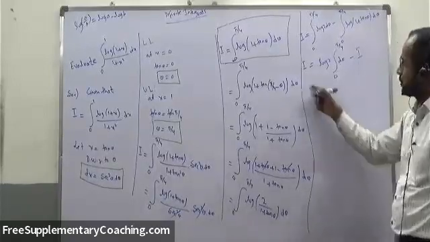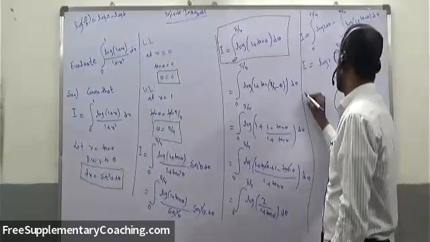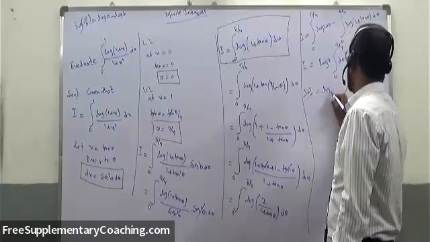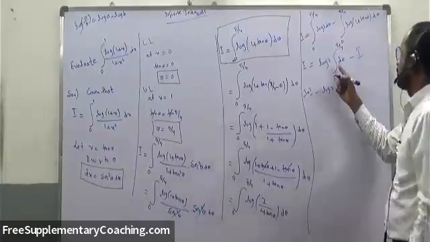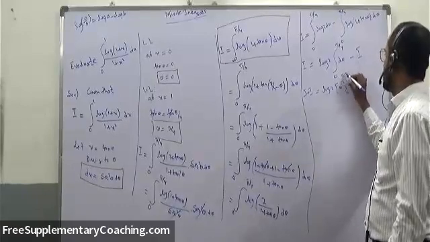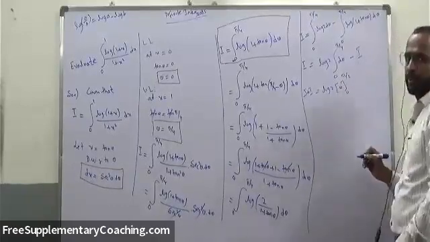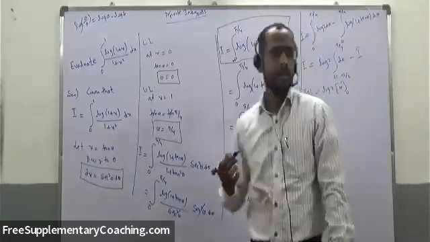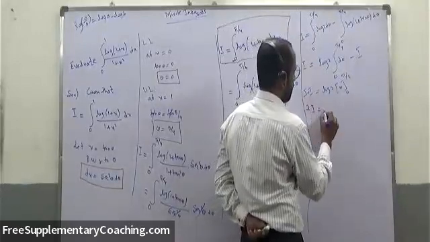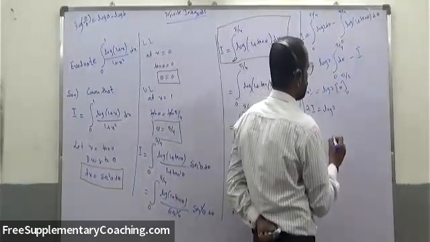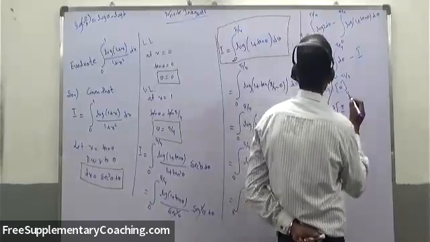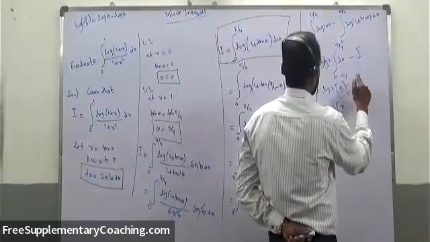Take this minus to that side. So it becomes I plus I is equal to log 2. Integration of 1 into d theta is theta only. Limits 0 to pi by 2. So here I plus I, 2I is equal to log 2 upper limit minus lower limit. Our limit is pi by 4, not pi by 2.